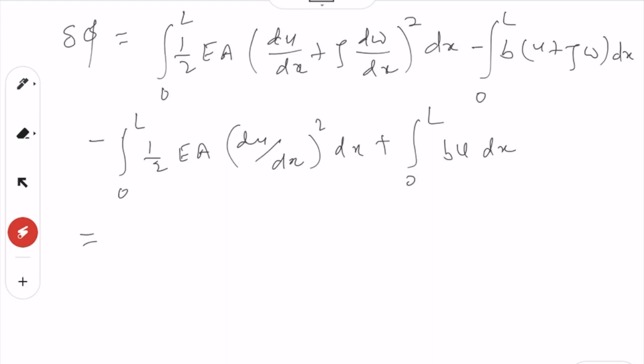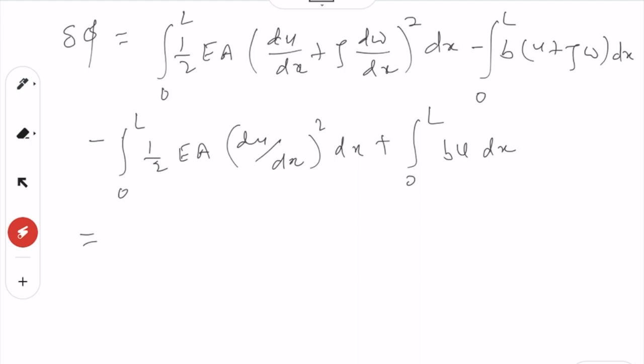Instead of writing more steps, the first term (du/dx) squared cancels with the same term here. Likewise, the b u term is here and also here, so minus plus they cancel out. We will have the zeta w term remaining, and from here 2 zeta dw/dx times du/dx plus the zeta squared term.